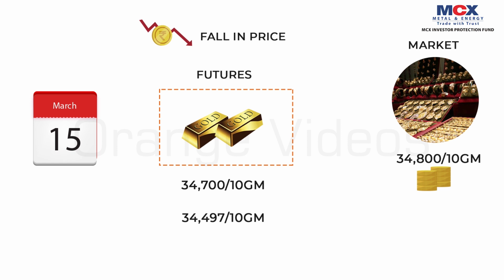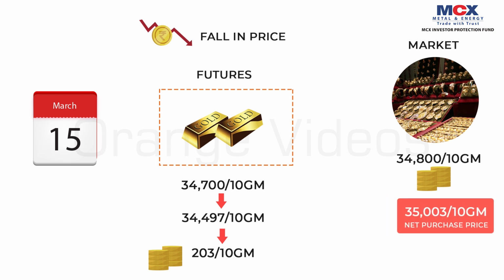Cash flow from the futures market transaction stands at a loss of Rs 203 per 10 grams, that is 34,497 minus 34,700. Net purchase price is Rs 35,003 per 10 grams, that is Rs 34,800 plus Rs 203, as locked in. The jeweler makes a notional profit on the spot but makes a loss on the futures contract.